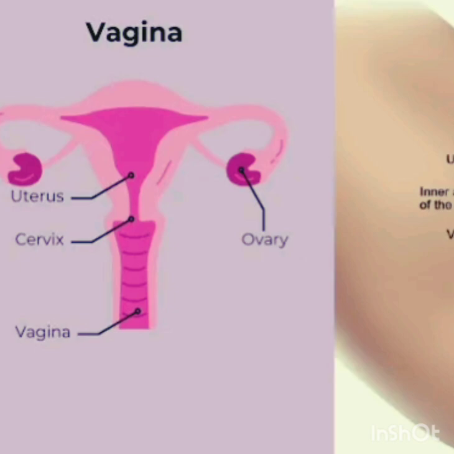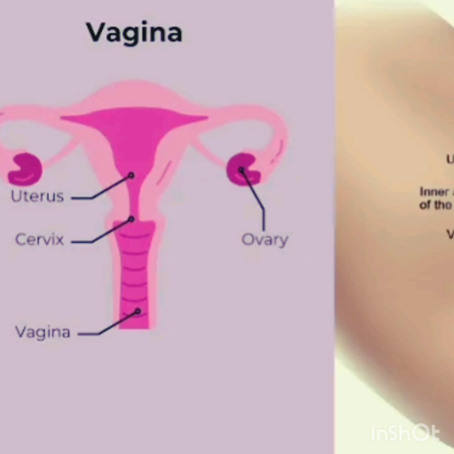The placenta allows nutrients to pass from the mother to the baby.